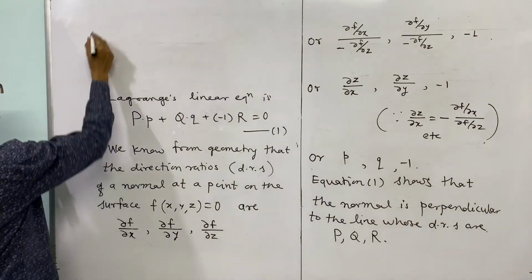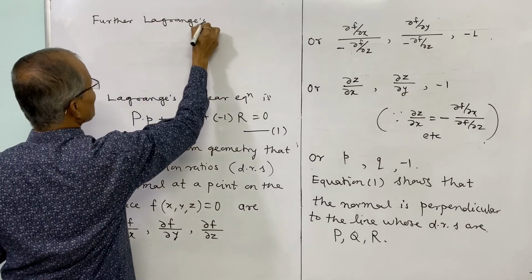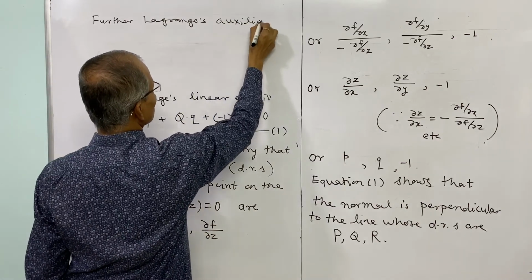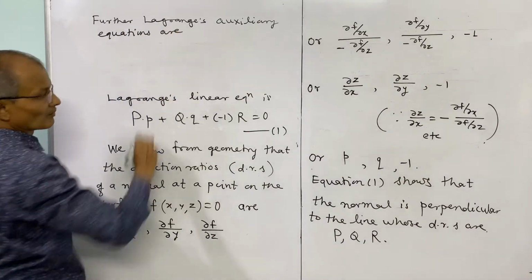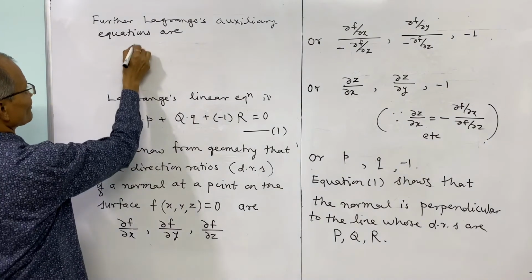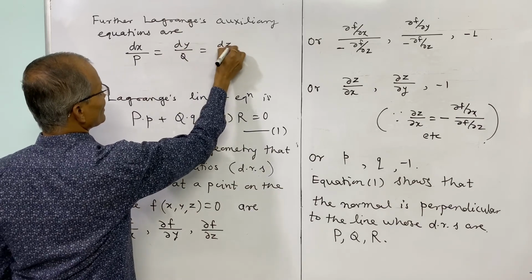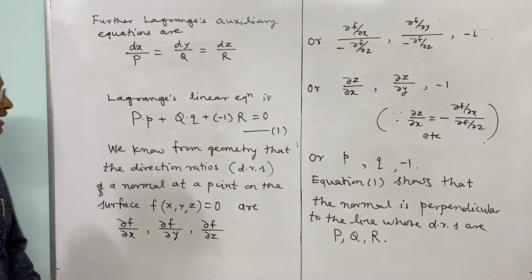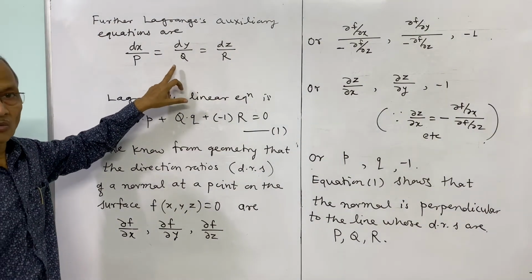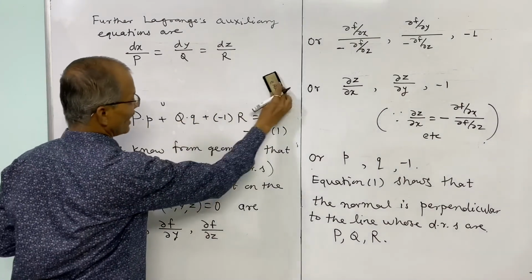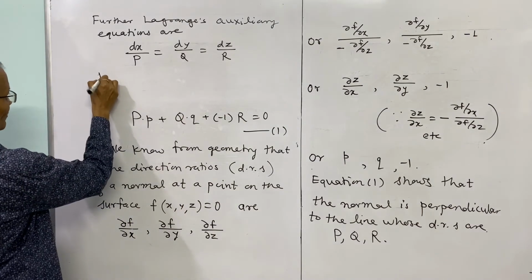Further, we know the Lagrange auxiliary equations are these simultaneous equations: dx upon capital P, dy upon capital Q is equal to dz upon capital R. And here again from geometry we know that this represents a system of curves whose tangents have the DRs P, Q, R.